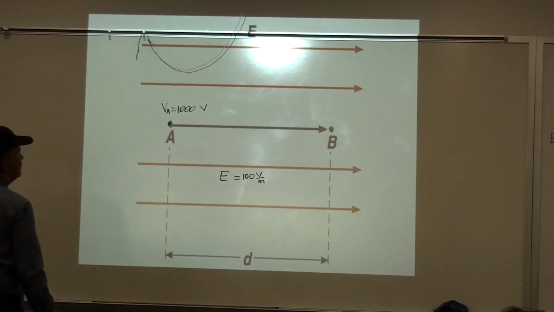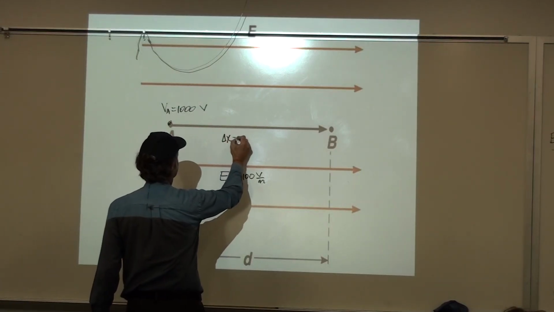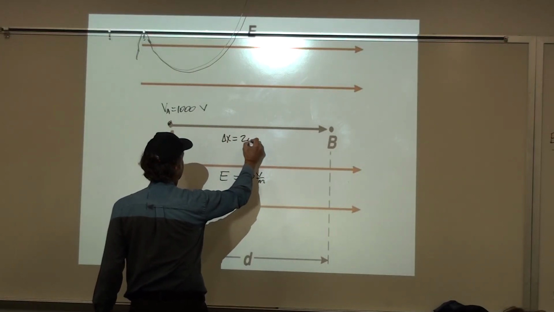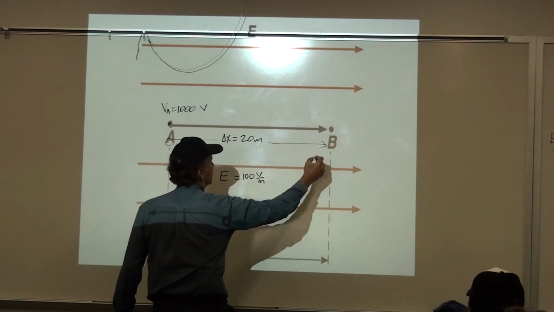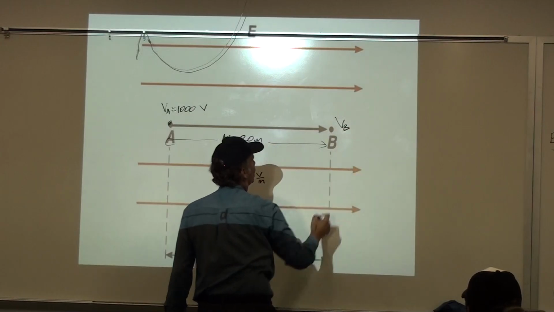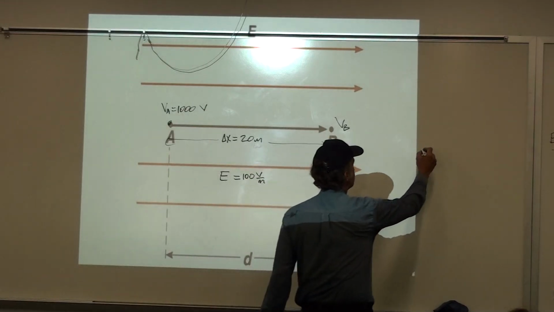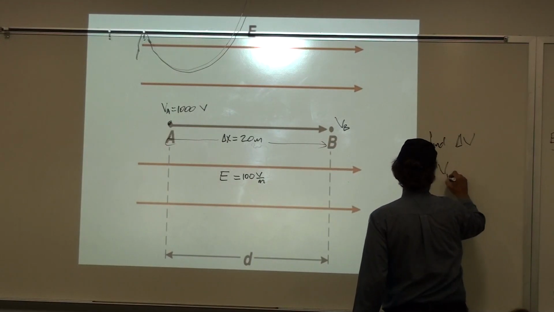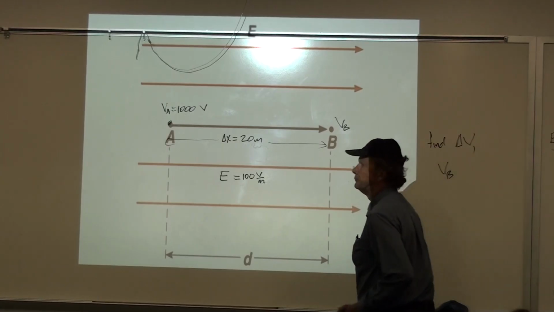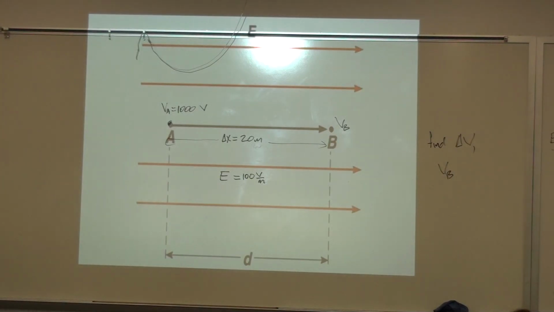And let's say that we move from A to B, and this distance, delta x, is equal to 20 meters. What I'd like you to do real quickly here is find VB. What is the voltage at point B? And what's the difference in voltage? From what we've already talked about, you should be able to do this.